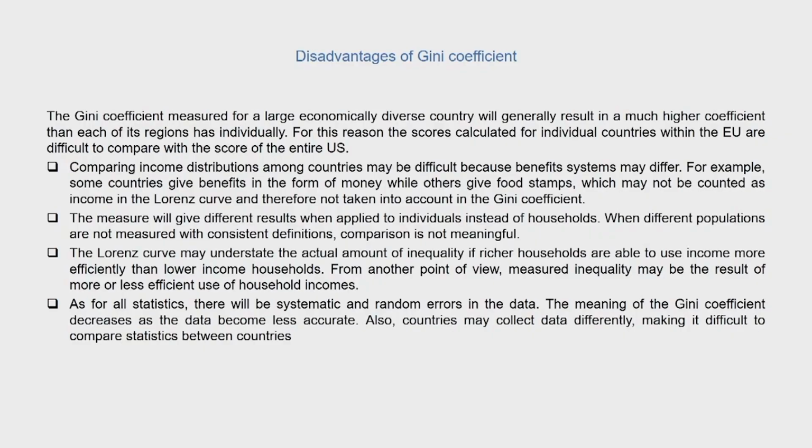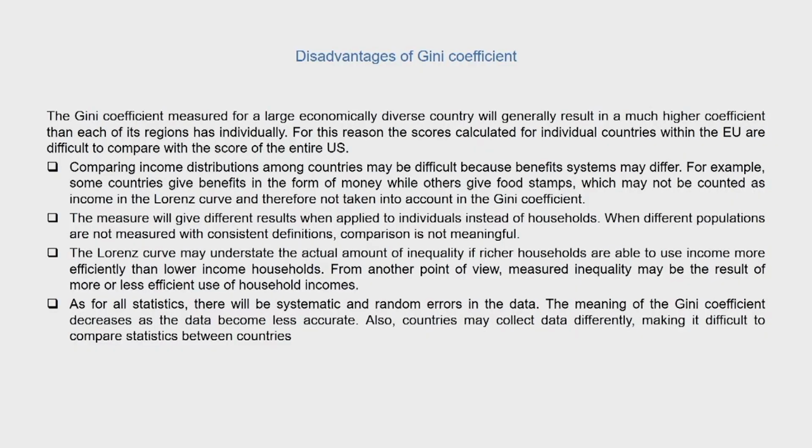So in that sense, the Gini coefficient may not give a very clear picture. It may not translate into the real story with respect to the expenditures or the benefits that the households and the individuals are getting within an economy.